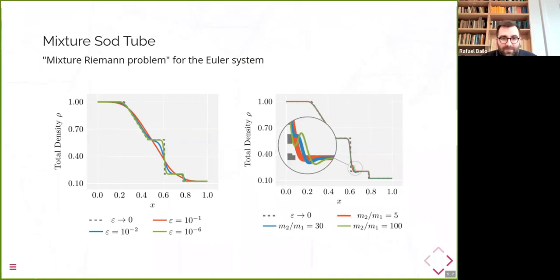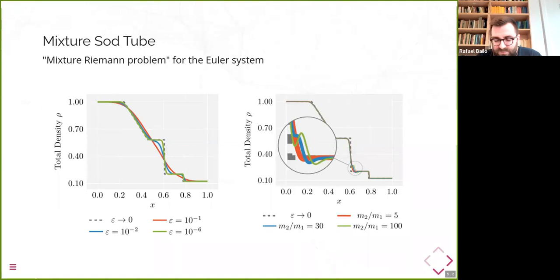But of course, the dynamics of our multi-species BGK should asymptote to the dynamics of Euler. So we should be able to solve the shock tube problem. And in fact, what we're solving here is a mixture shock tube. So instead of having a discontinuity in one species, we simply take two species, one on each side of the discontinuity. So you start with the two densities separated by the discontinuity with the right quantities.